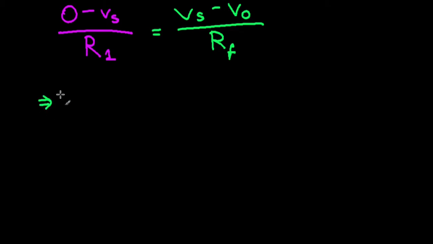Let's try to solve this. We are trying to solve for V output, so let's multiply both sides by the feedback resistance. So we have negative R sub F divided by R1 equals Vs minus V output.